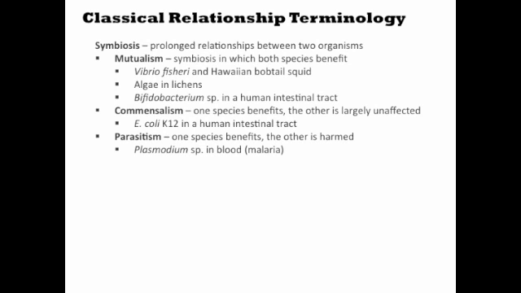Algae and lichens, these things can last thousands of years in symbiosis, like stable cellular interactions where you have an algae inside a fungus. Bifidobacterium in the human intestinal tract, the time that a microbe typically stays in your gut, or a population of microbes stays in your gut, is something on the order of 2 weeks. You kind of cycle around about that time scale. So that's a fairly stable relationship.